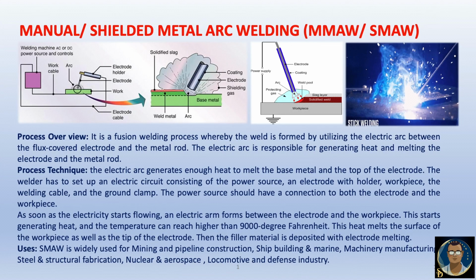When the welder touches the job, the electric circuit flows, and immediately the welder retracts the holder a very small distance. Then the current jumps from the electrode to the metal and creates the arc. The welder needs to maintain that small gap all through the welding, and with the heat of this arc, the metal as well as the electrode metal both melt and fuse together to create the weld bead.